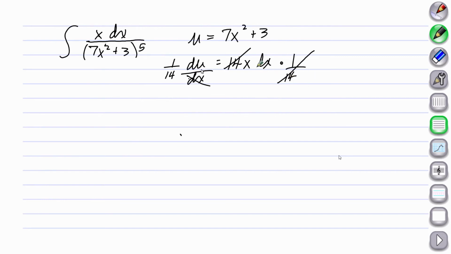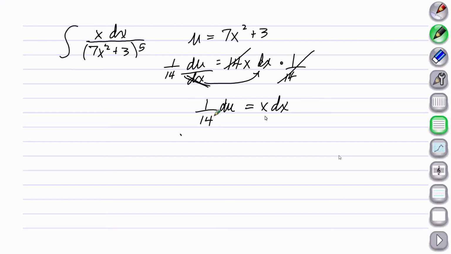What I have now is 1 over 14 du. That's what I'm going to substitute, equals x dx. That's what I have here now. That's why I like to do it this way, because I brought this up to the top.